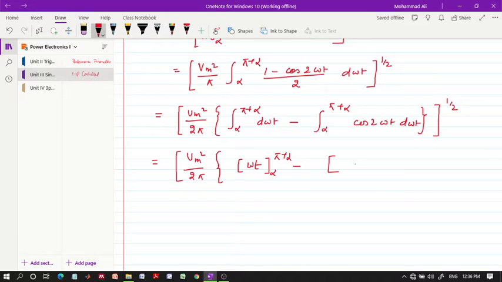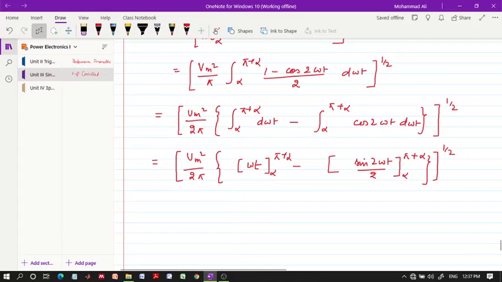This will become sine twice of omega t divided by 2, alpha to pi plus alpha. Now at this stage, I am going to assume that you know how to do this simple integration of cosine twice of omega t. Let me close this bracket also, because this part is common to the whole part.